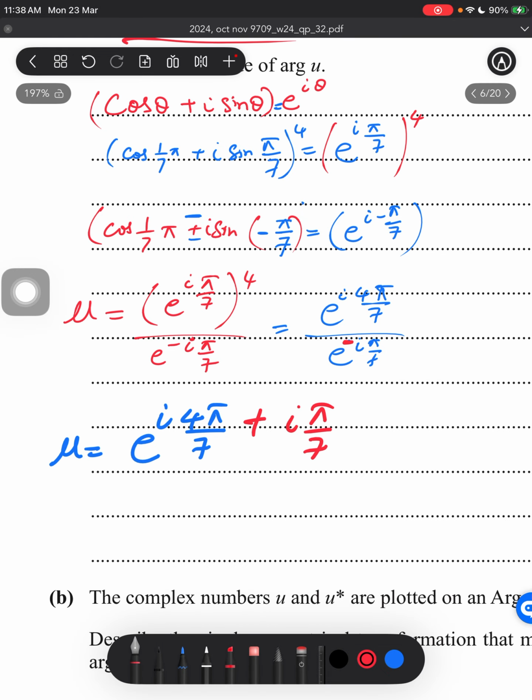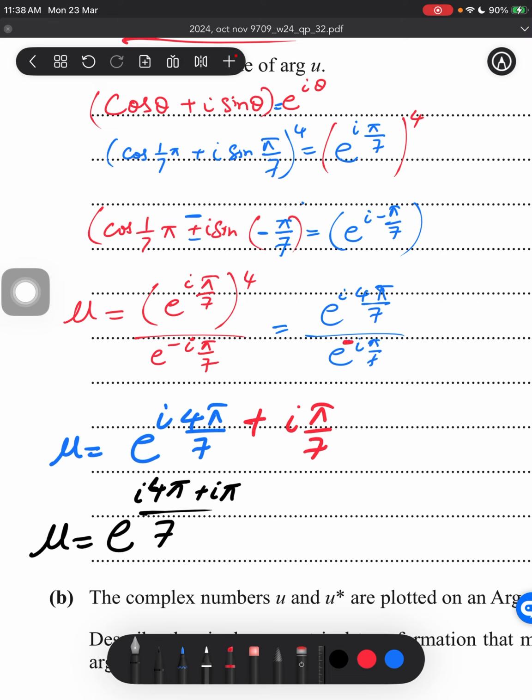Taking the same base e, you would have iota 4 pi plus iota pi over 7. This gives us u as e to the iota of 5 pi by 7.